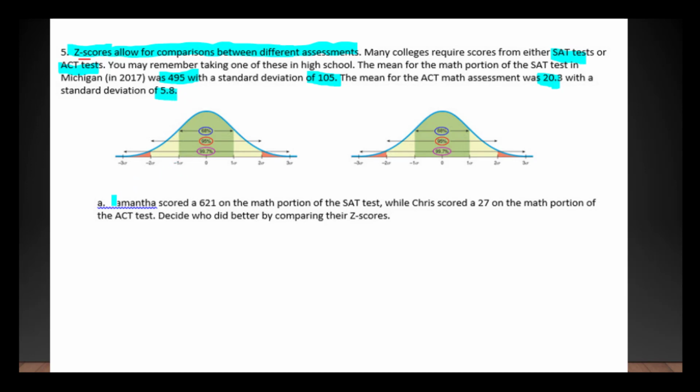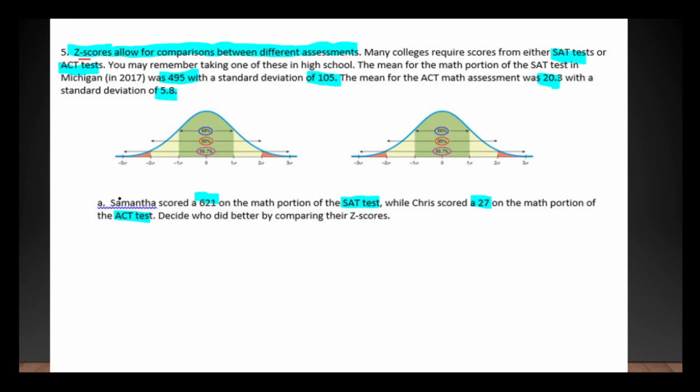So the question A is, Samantha scored a 621 on the math portion of the SAT test, while Chris scored a 27 on the math portion of the ACT test. Who did better? Well, we're going to find out who did better by comparing their z-scores.